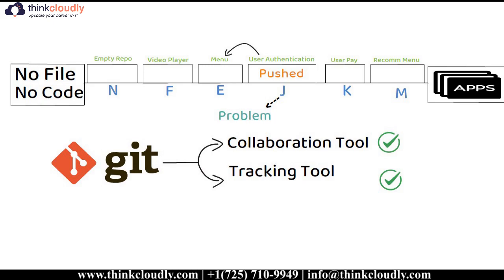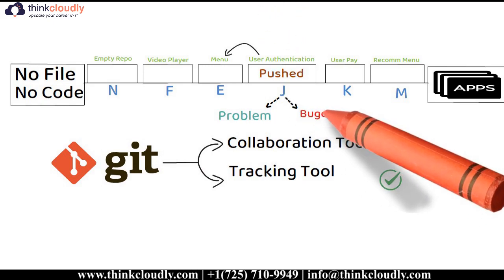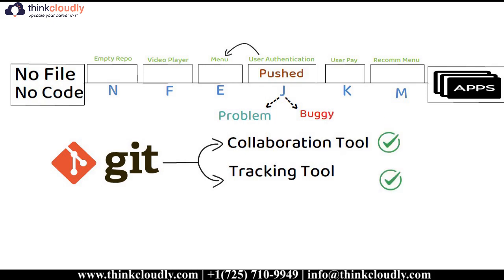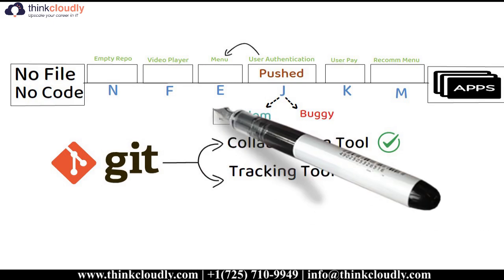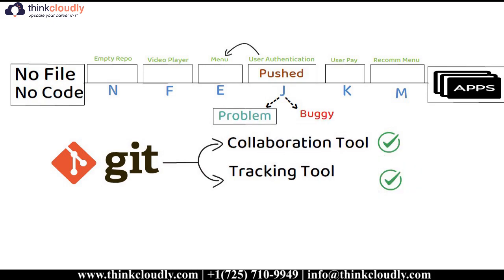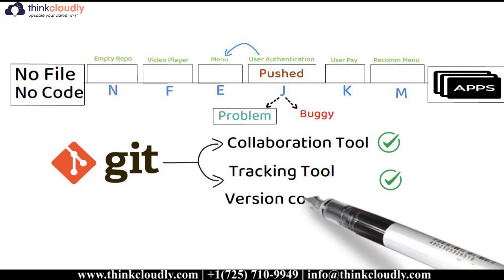Can we go back or not? Because when Jackie pushed the code, it got buggy because Jackie couldn't test the application properly. Now because of that, users started facing problems. So can we go back to the previous version so that we can delete the changes of Jackie? Can we do that, guys? That is called version control.